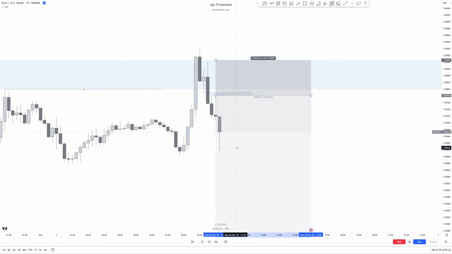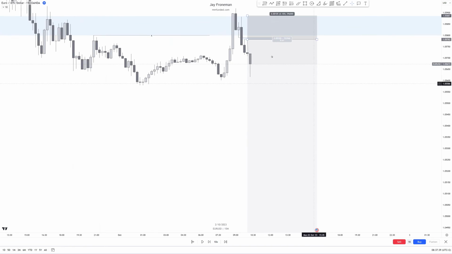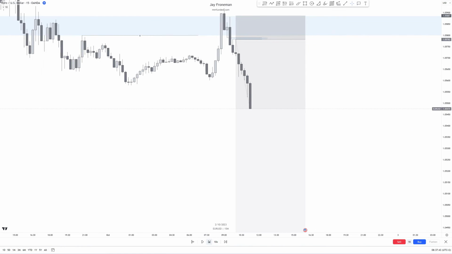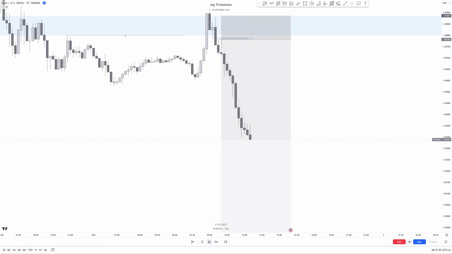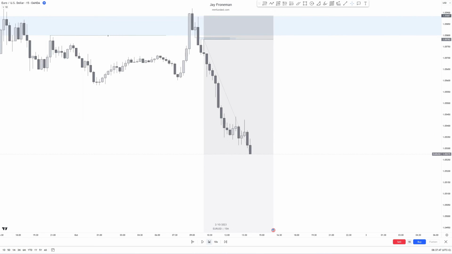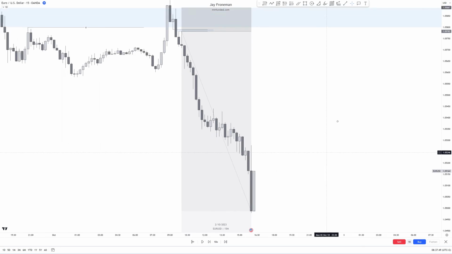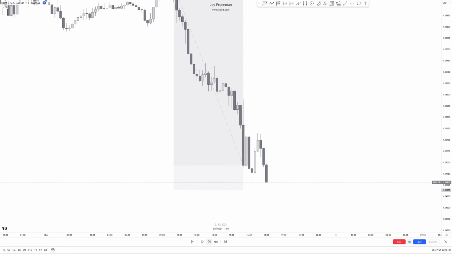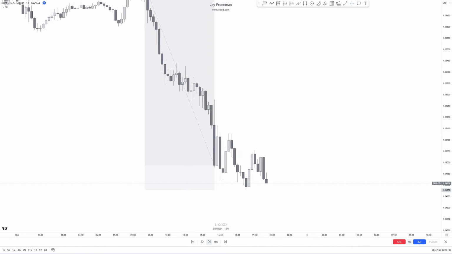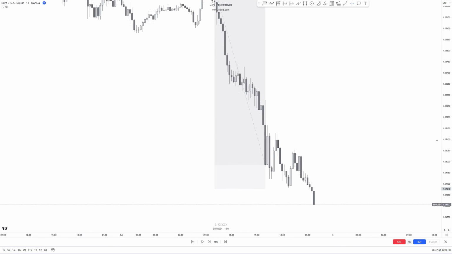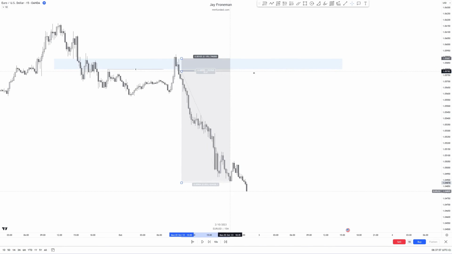Okay. Slight mitigation of that fair value gap and fulfillment of that gap, and price now continuing in the expectational direction. And price has now targeted those 4-hour weak lows.